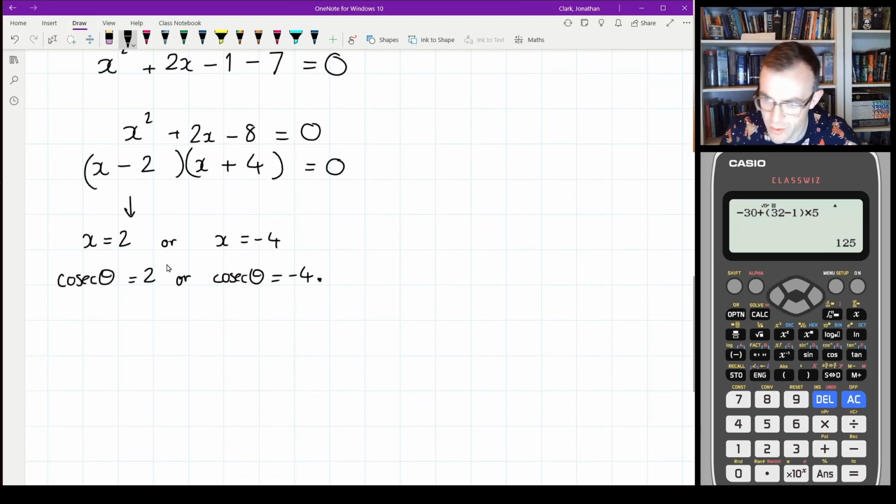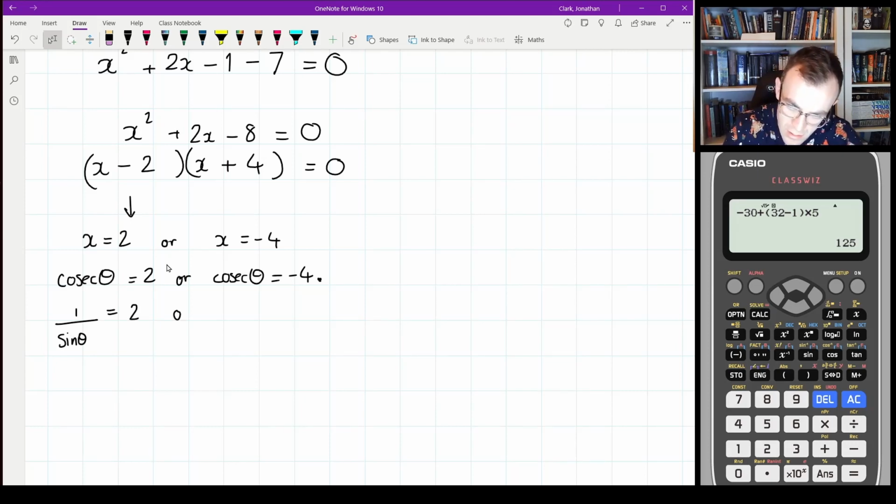The other thing I know about cosec is it's equal to 1 over sine. There's not a cosec button on the calculator, but there is a sine button.